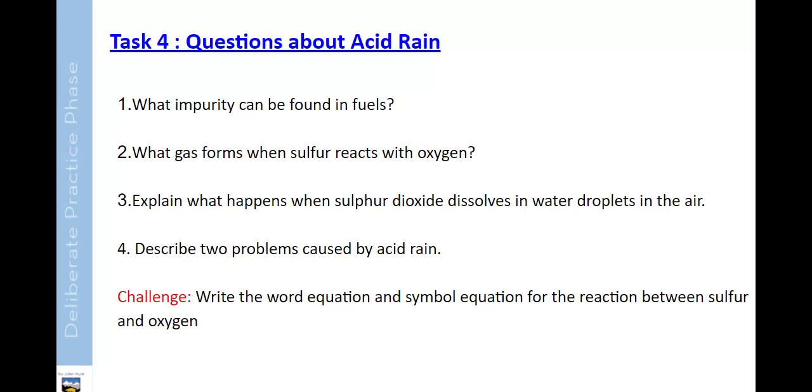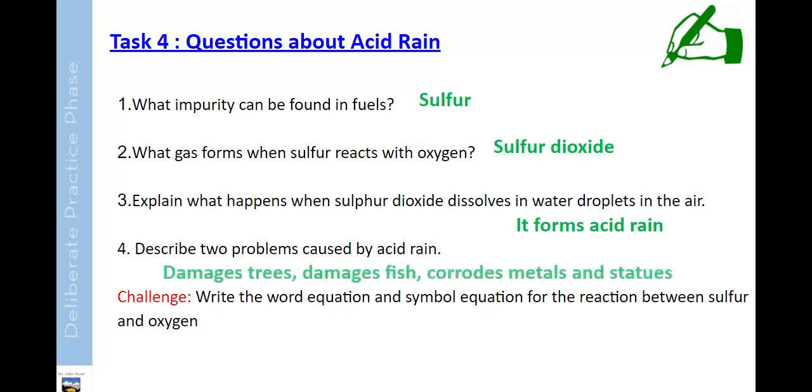Okay, so the impurity found in fuels is sulfur. Gas formed when sulfur reacts with oxygen is sulfur dioxide. When sulfur dioxide dissolves in water, it produces acid rain. The problems caused by acid rain: damages trees, can damage fish or aquatic ecosystems, corrodes metals and statues.